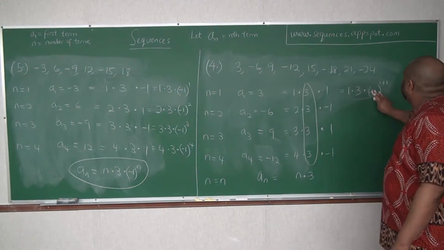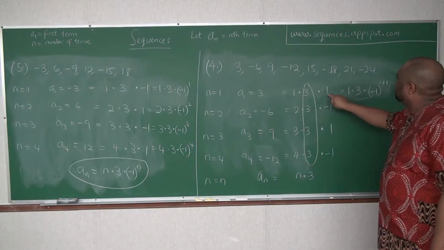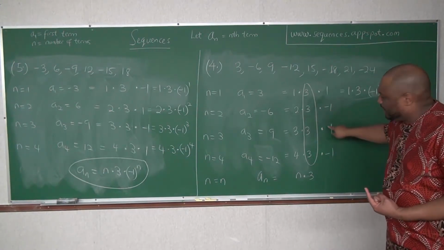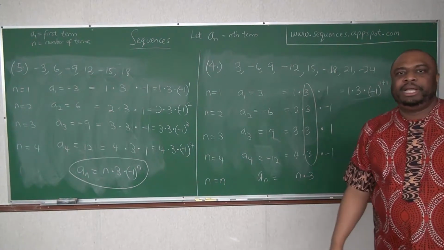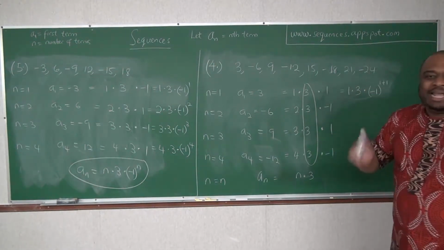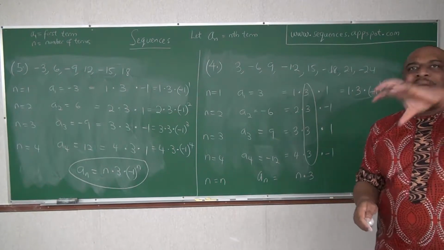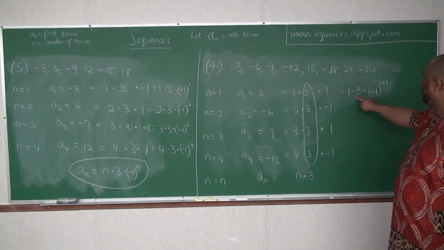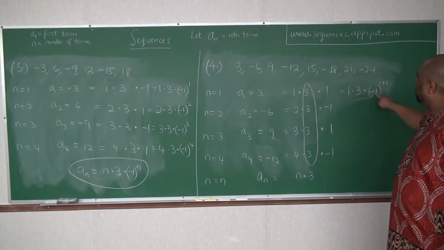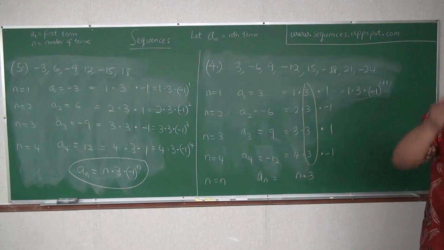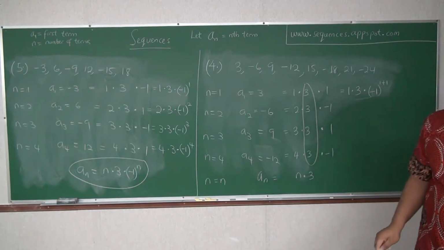So since this is 1, because of these negative ones it becomes a problem. So you say, I'm going to include negative 1, but how do I do it so that it gives me 1? So we can say here 1 times 3 times negative 1 raised to 1 plus 1. So we keep adding plus 1 in the exponent.